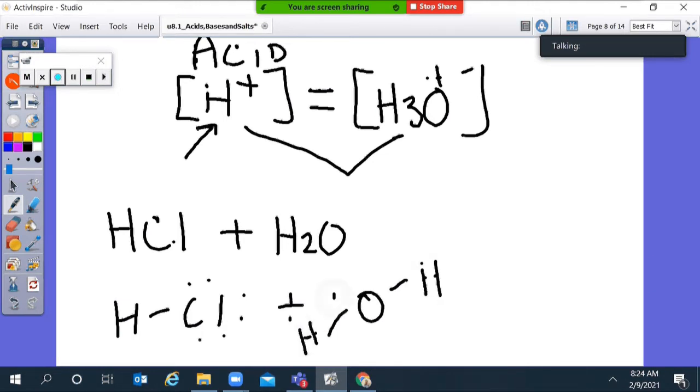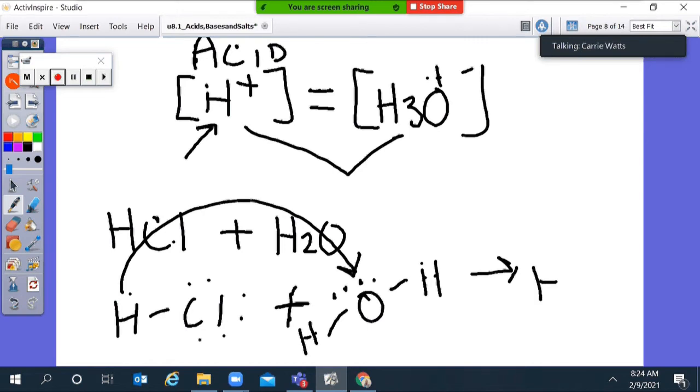What ends up happening is that hydrogen comes off of the chlorine and actually connects to a lone pair on the oxygen, making the hydronium ion.